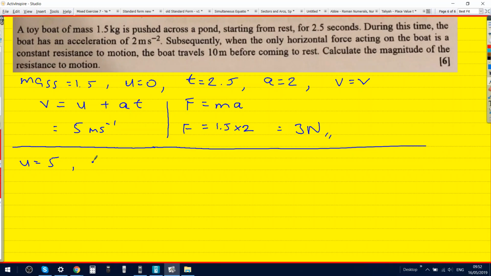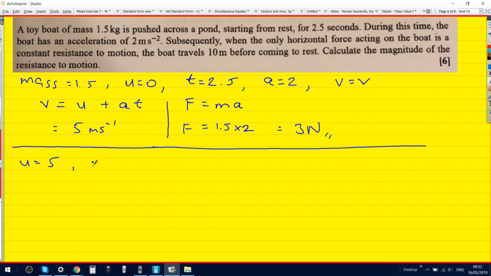We've got 2.5 seconds still? I don't think you can use the 2.5 seconds, because that's only when it's pushed and it's asking afterwards. So for the second half, it's not 2.5 seconds.